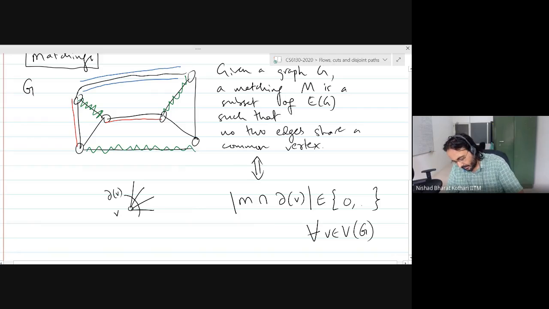Exactly. Okay, good. So this is what a matching of a graph is.